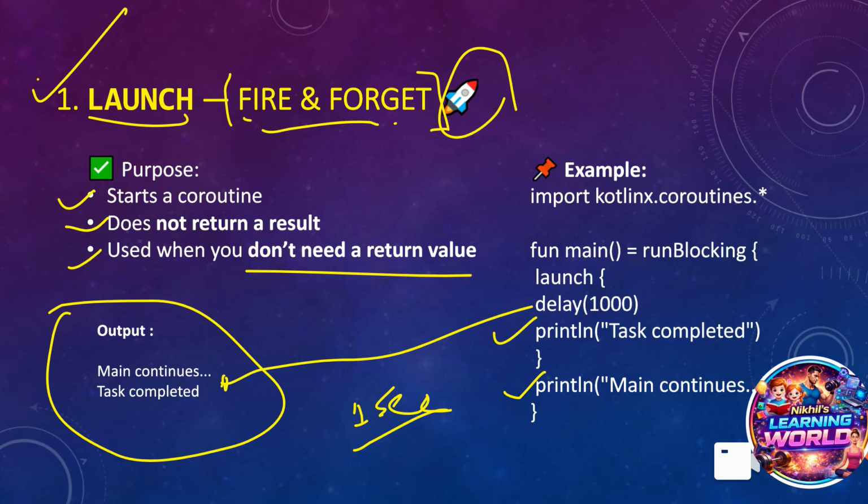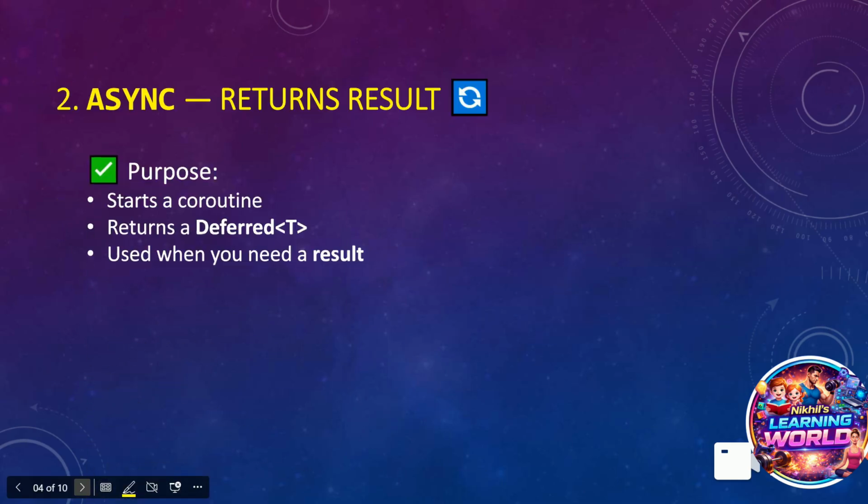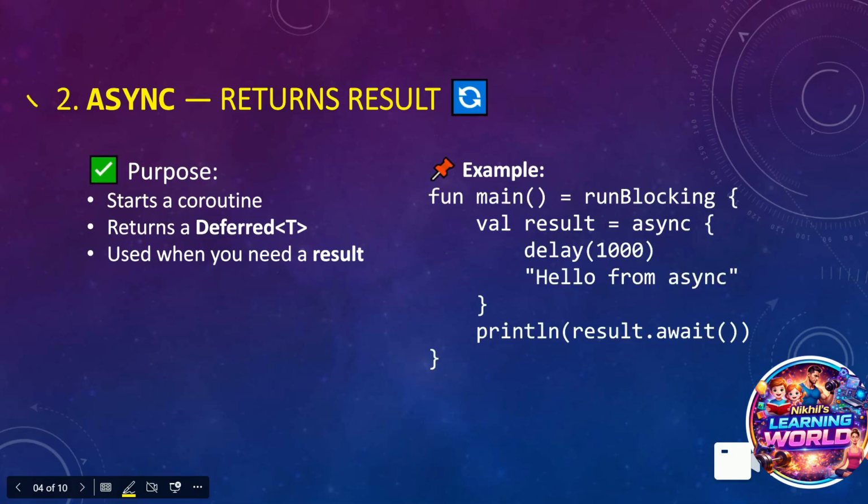Next is async. Async will return a result. So what if you need a result? That's where async comes in. Async returns something called a Deferred, and to get the result you call await.